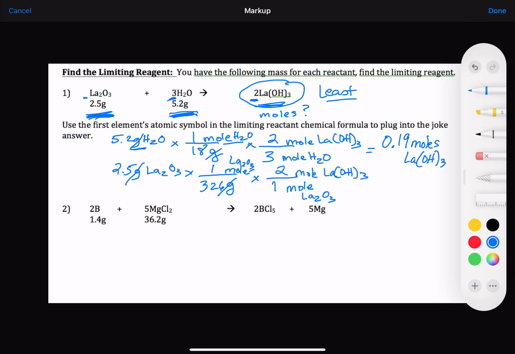And then you plug it into your calculator. In your calculator, you'll have 2.5 divided by 326 times 2. That's going to give you 0.015 moles.